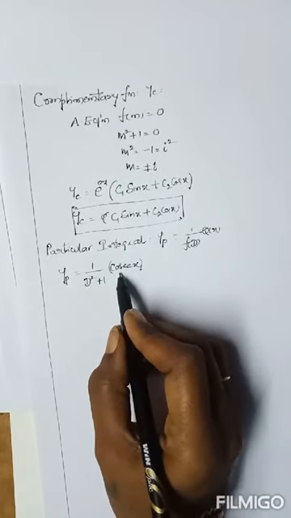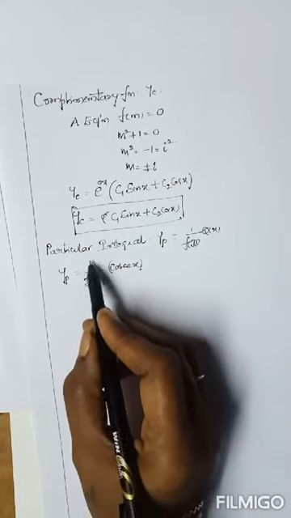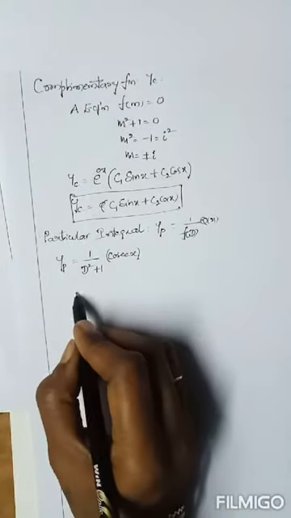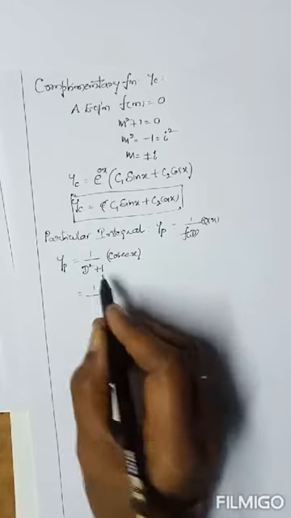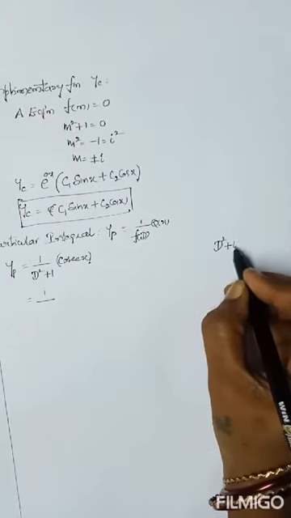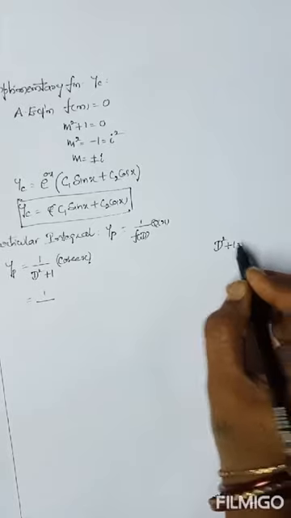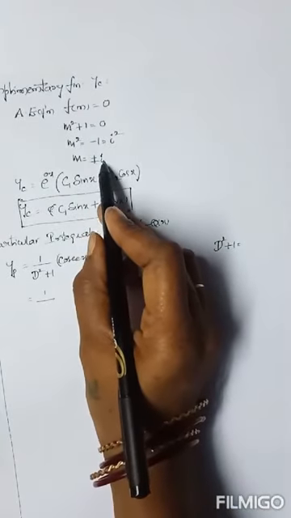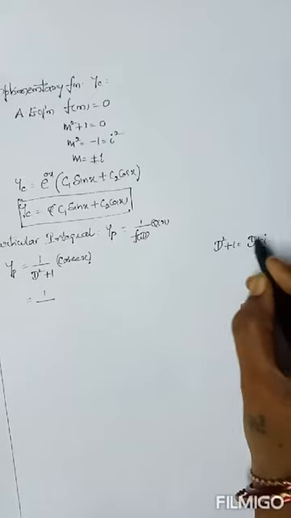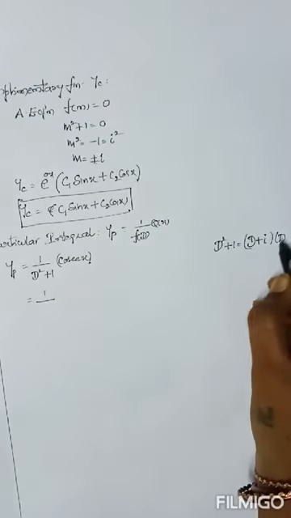What is the main point of the general case? Find partial fractions of this one. We need the product of the factors first. D square plus 1 can be written as factors. What are the roots here? M equal to i, M equal to minus i. So it is D plus i into D minus i.